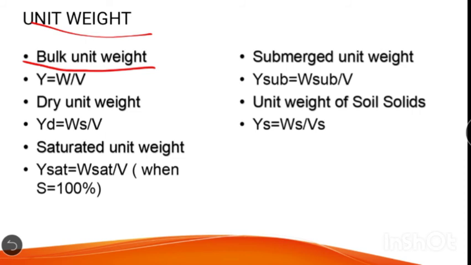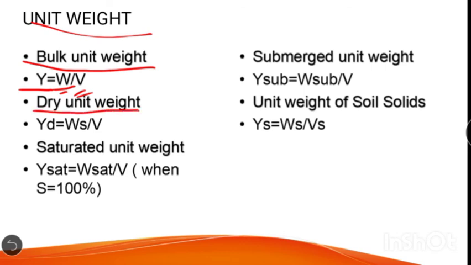So similarly, the formula of the bulk unit weight is gamma equals whole weight, meaning total weight, denoted by capital W, divided by V, the total volume. Total weight divided by total volume is known as the bulk unit weight, because bulk means whole. Memorize it that way, and if you write them 2 to 3 times, you will learn these formulas and never confuse between them.